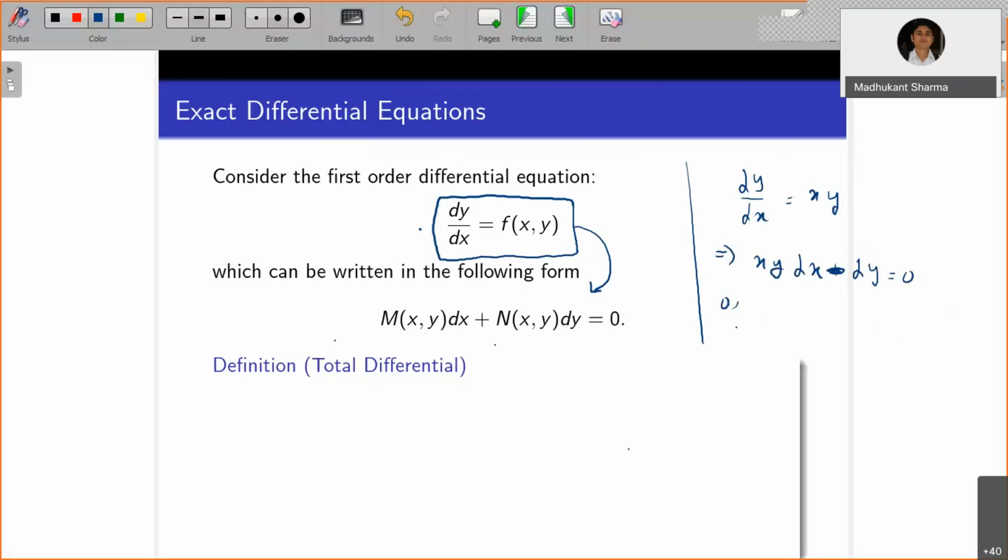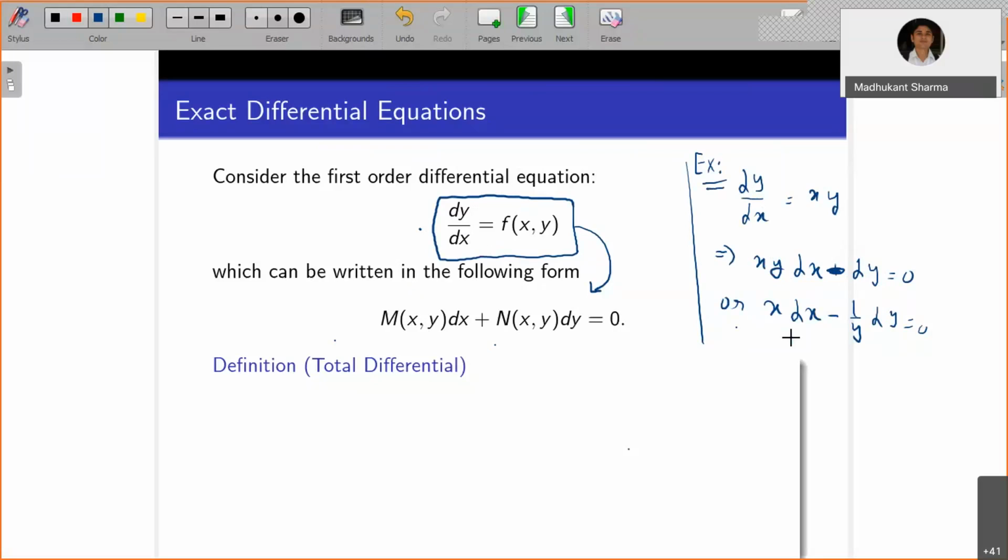Or you can also write x dx minus 1 by y dy equals 0. Or dx minus dy by (x y) equals 0. So you are always able to write this form into this form. With one example I have tried to explain that there are different ways to write it.